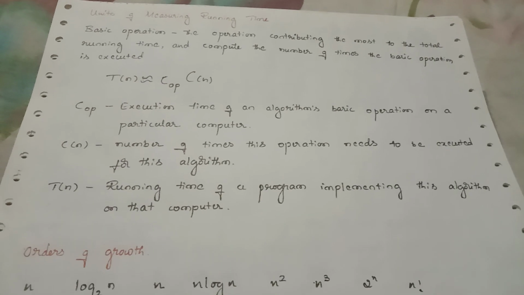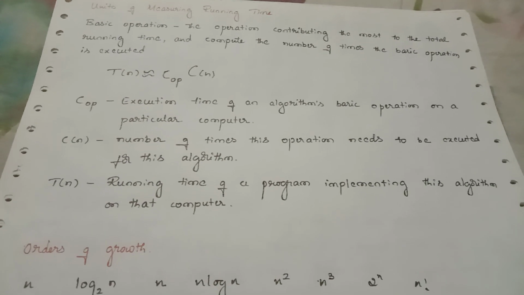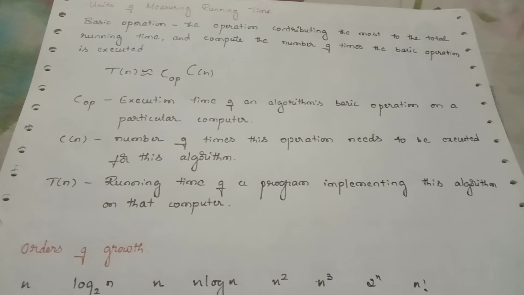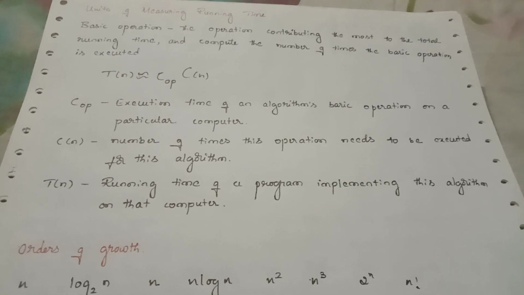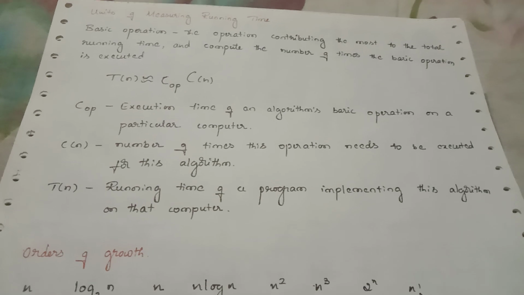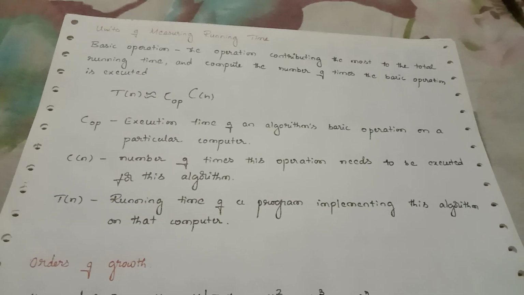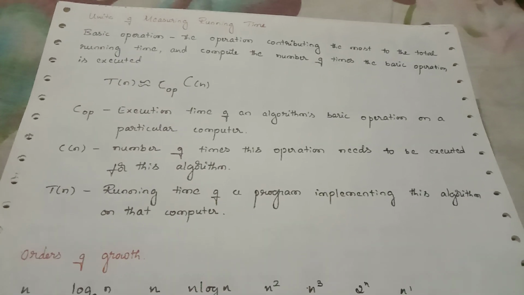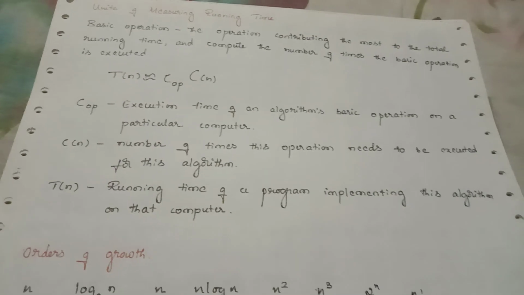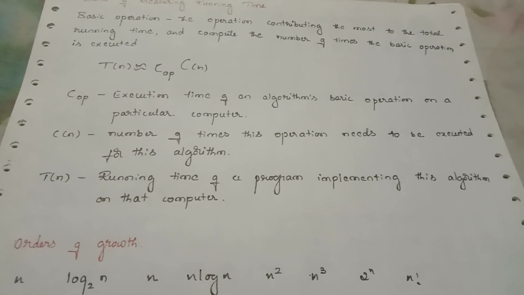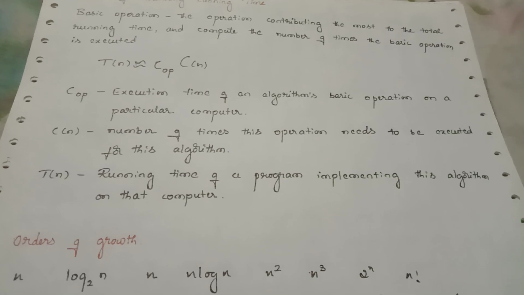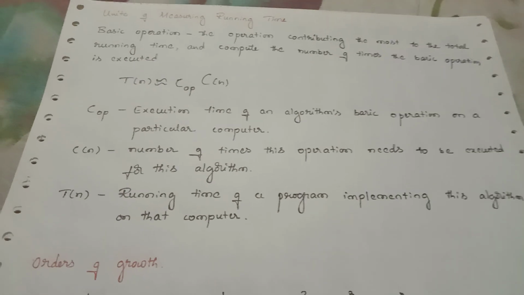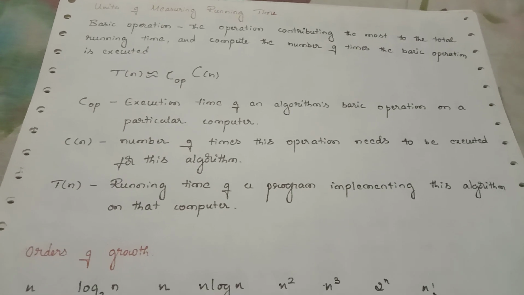In an algorithm many operations may come, but we have to decide which is the most important basic operation, and we need to find out how many times this basic operation will be executed. This is how we measure the time efficiency of an algorithm.